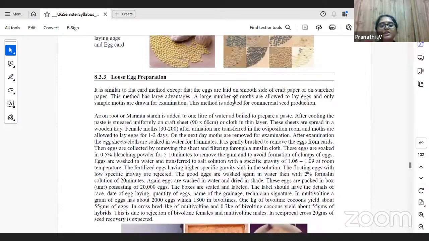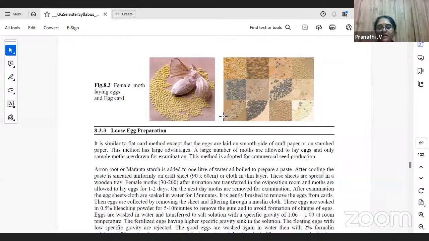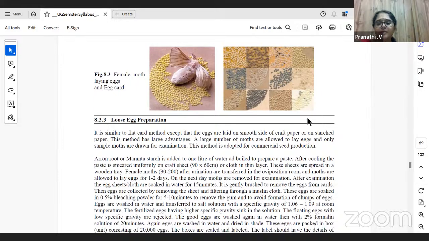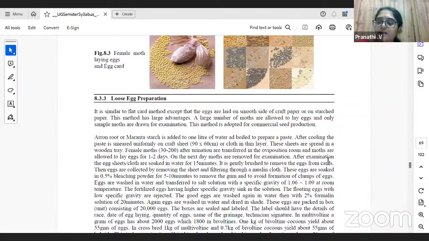In the loose egg preparation, again that is a flat card method, except that eggs are laid on the smooth side of the craft paper, on the starch paper that has a gum to it. A large number of moths are present on that, and they are also taken as samples for examination. This is seen in commercial seed production.